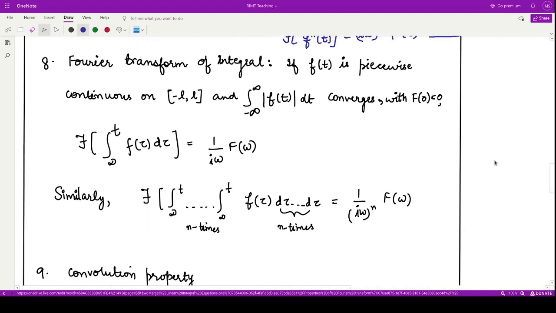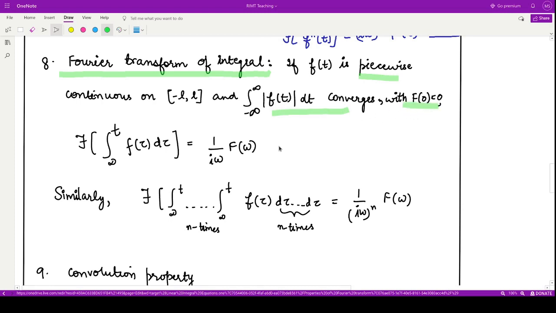The next property we have is that of integration. When you want to calculate the Fourier transform of an integral, you should have the condition on the function that it should be piecewise continuous, it should be absolutely convergent, and moreover f of 0 should be equal to 0.